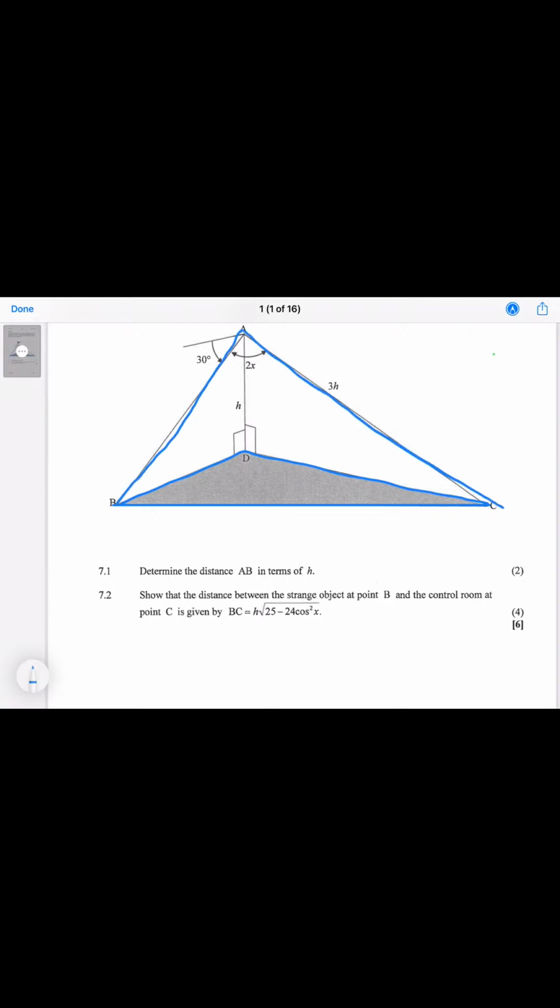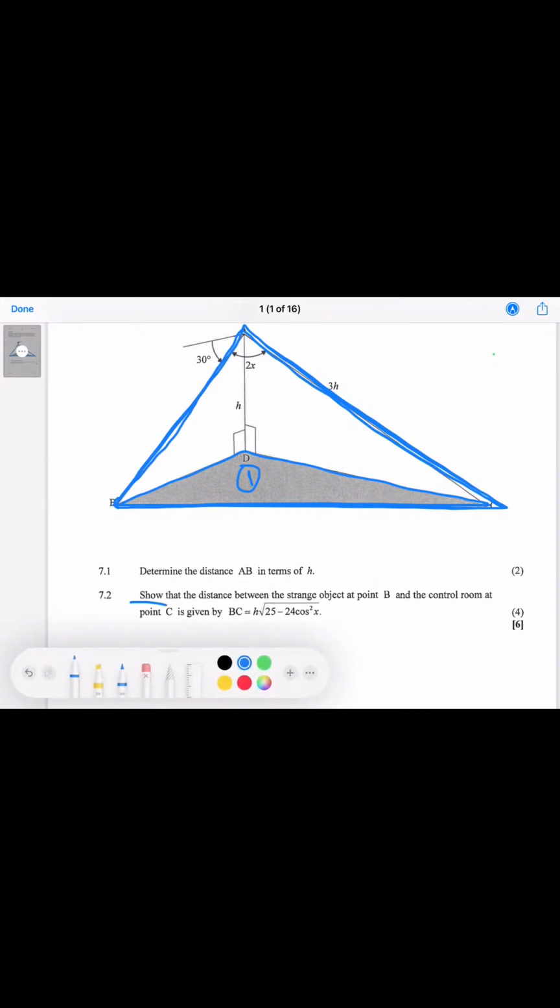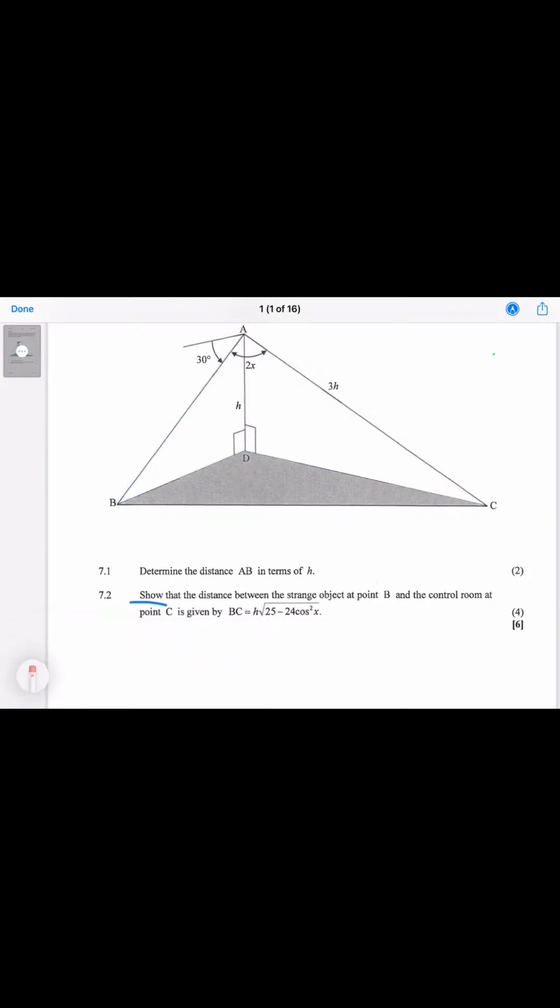You therefore ask yourself: between triangle number 1 and this triangle, which one has enough information for me to actually show that? And you realize triangle number 2 is the one that has enough information, which is that one there.